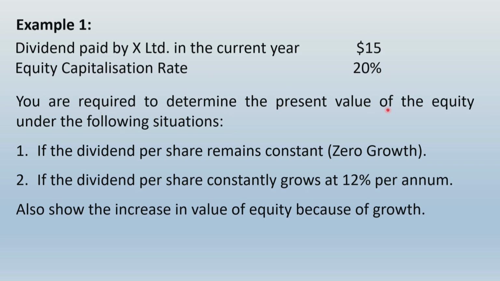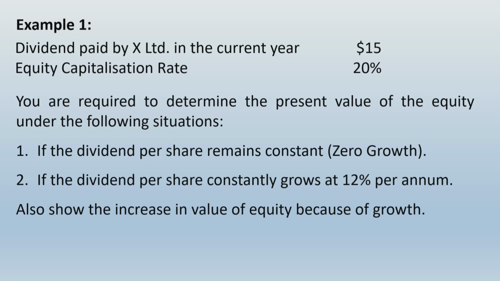You are required to determine the present value of equity under the following situations. Number one, if the dividend per share remains constant, that means there is no growth involved. And number two, if the dividend per share constantly grows at 12% per annum. Also show the increase in value of equity because of growth.